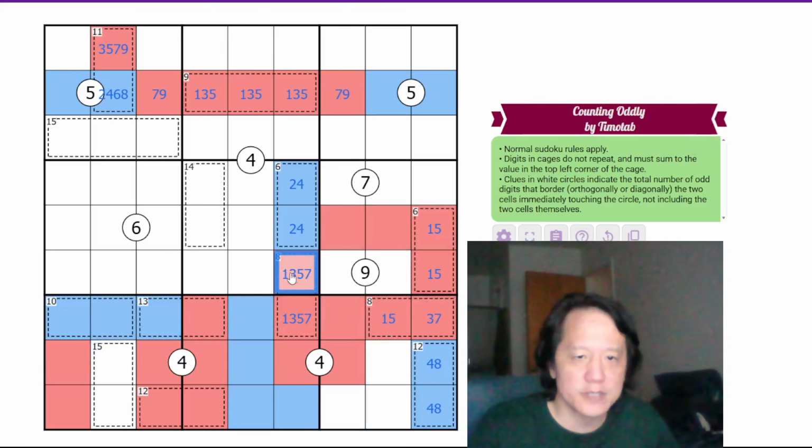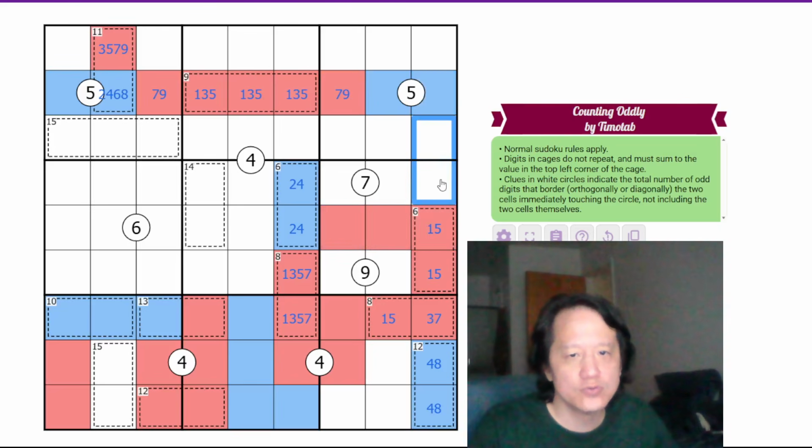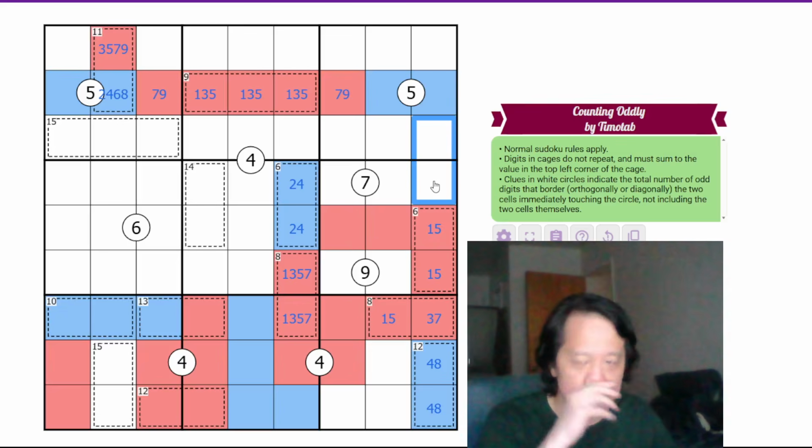So this is satisfied, the 9 is satisfied, the 4 is satisfied, this 4 is satisfied. 7. One of these cells, well, you could have both of these be odd, so that's fine.